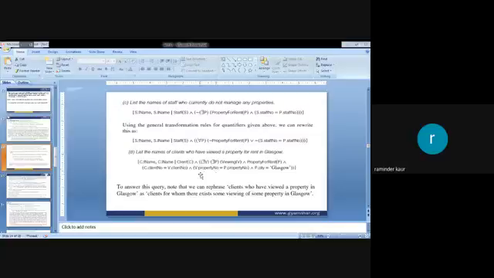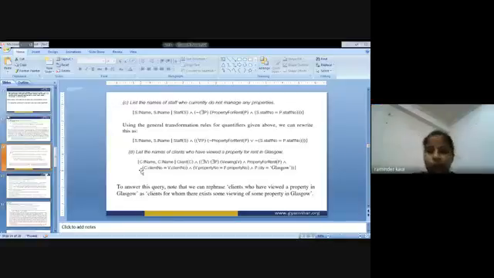So we are supposed to mention the names of clients in that property for rent table, but in the city Glasgow. This is the interpretation for the same. So you can rephrase this: clients who have viewed a property in Glasgow as clients for whom there exists some viewing of some property in Glasgow.